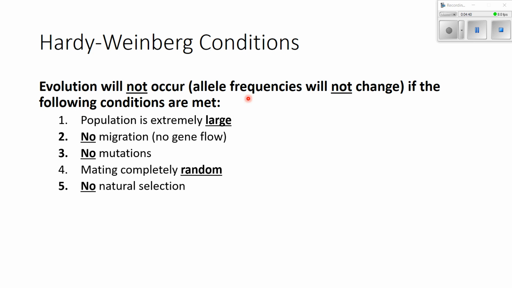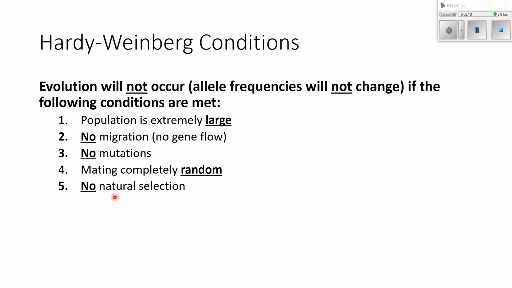Well, try to imagine a population of oak trees, of earthworms, of ladybugs, of eagles, any population where all 5 of these conditions are met simultaneously. And you can't, right? Because that's never going to happen. There's probably not any population on this planet where all 5 of these conditions are always being met.